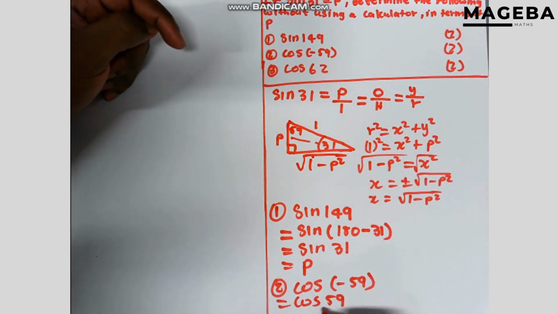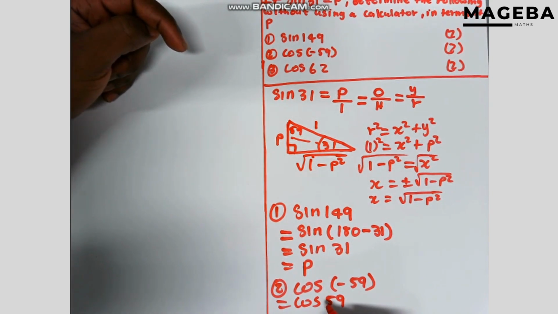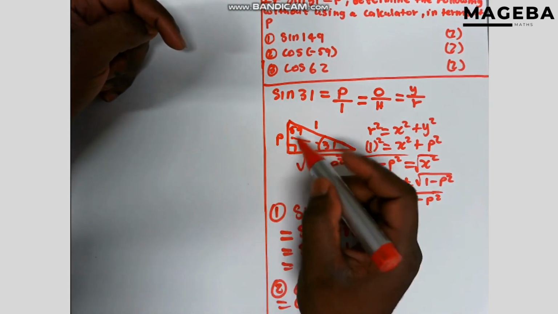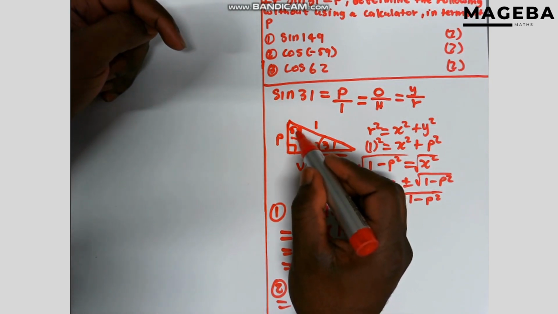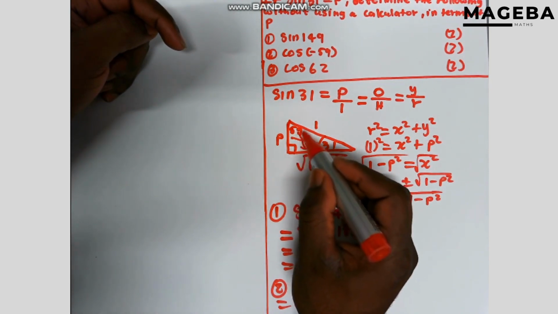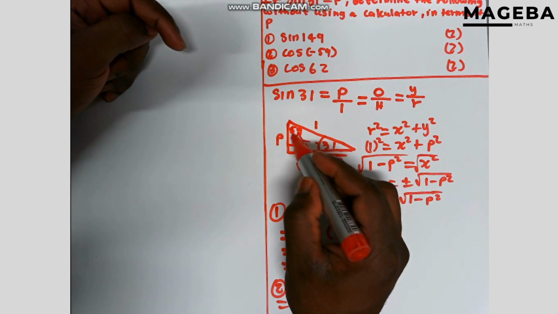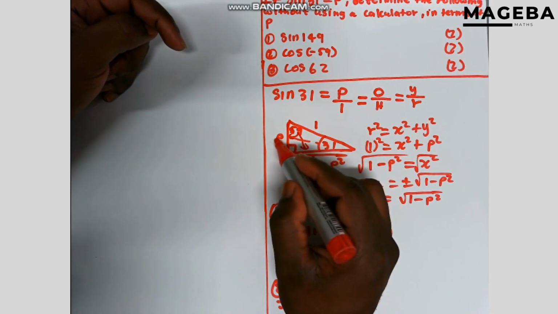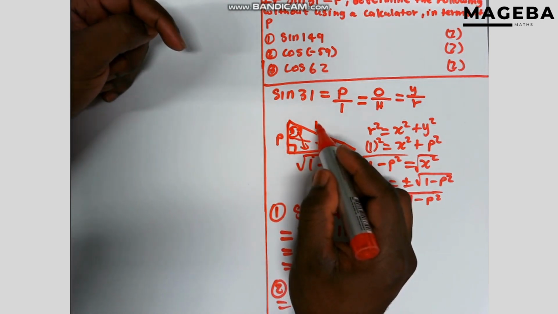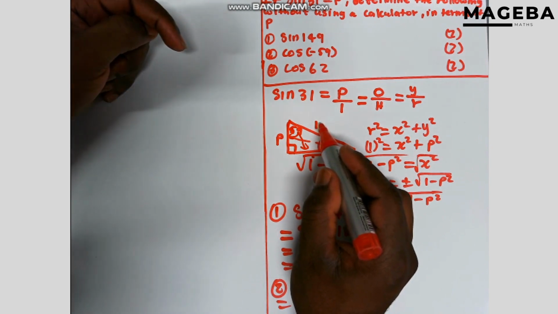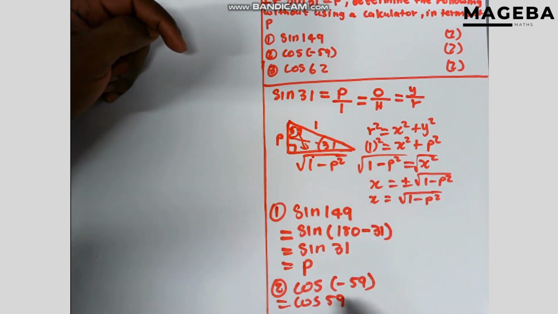Now cos of 59, what is cos saying? Cos is saying adjacent over hypotenuse. This is 59. This is the opposite of 59, but the adjacent of 59 is this one. So it's adjacent over hypotenuse. That's what cos is saying. Adjacent of 59, it's what? It's p.